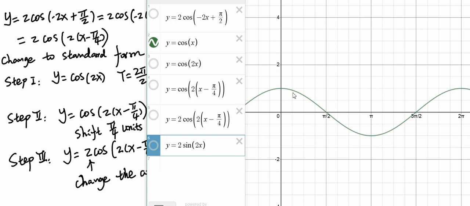This is again cosine, and from cosine x to cosine 2x is simply changing the period. Previously the period was from 0 to 2 pi. Now it is from 0 to pi. Here is 1 period. Here is the second period.